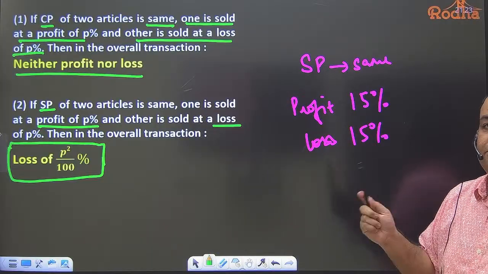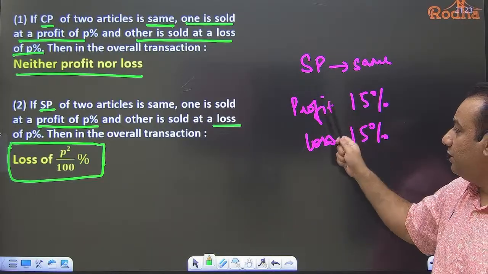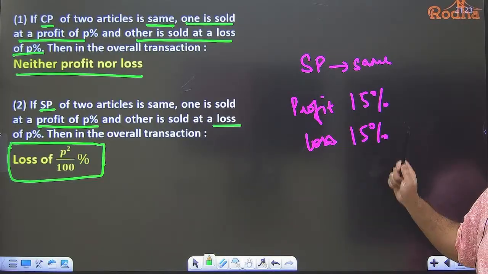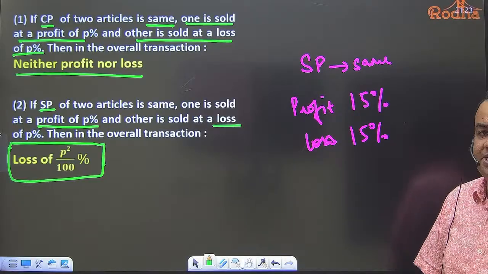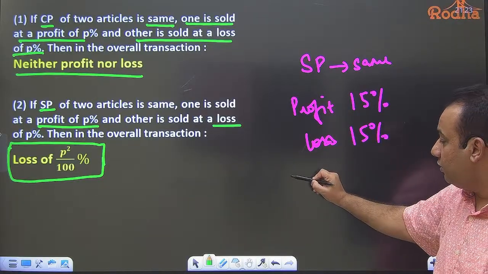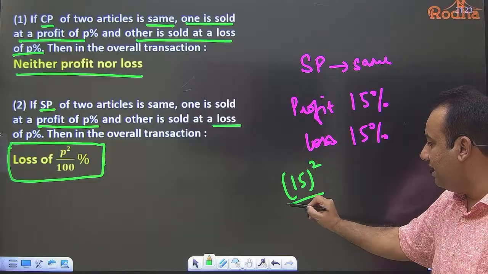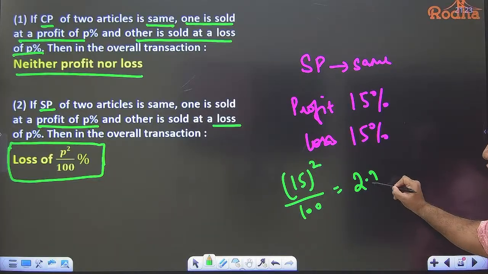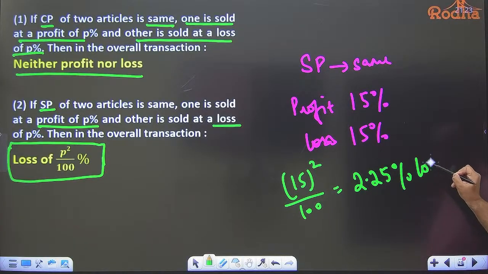There is always a loss, and that loss is 15 square by 100, that is 2.25% loss. Is it okay to all? Rucha, you have to mention that it is a loss. If you just write 2.25, I will not be able to tell whether you are saying profit or loss. It is a loss when selling price is the same.